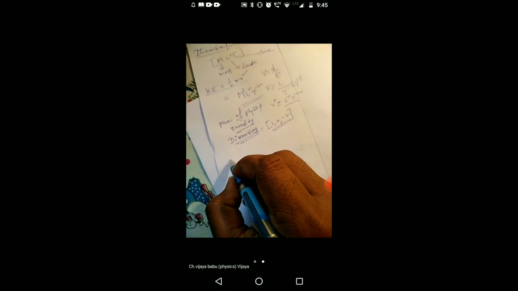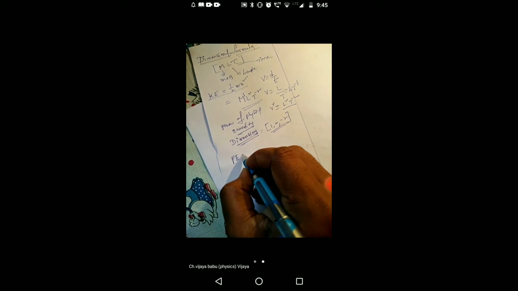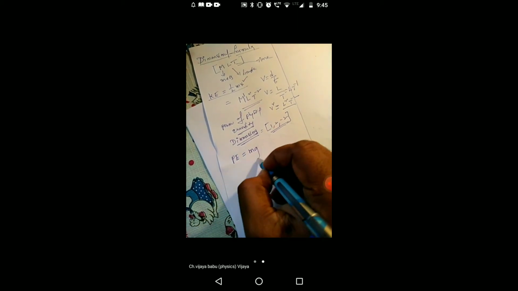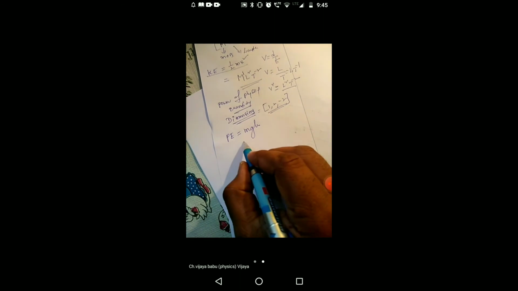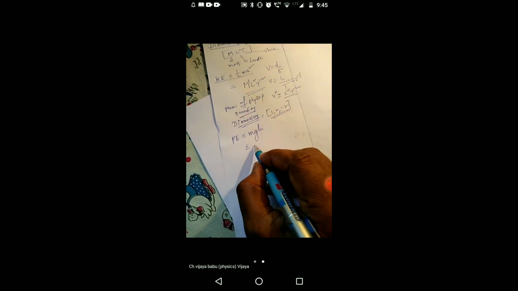Suppose if you want to write the potential energy. Potential energy P equal to mgh. M letter you know very well, capital M dimensional.